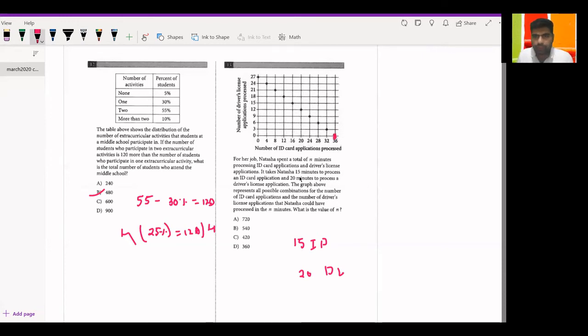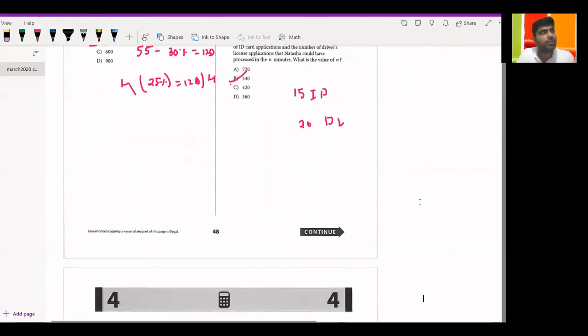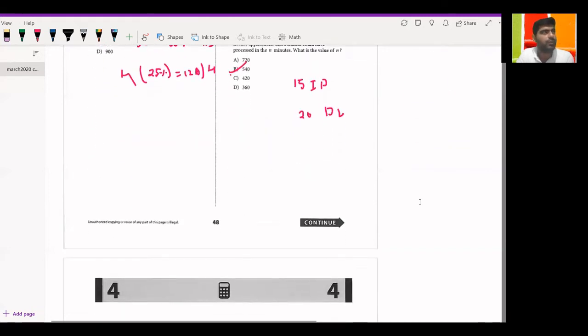If I take this particular point, I have 36 ID cards. Multiply that with 15 will give me the total number of minutes. Or I can take this 27 multiplied by 20. So 36 multiplied by 15 is 360 plus 180, 540. 27 multiplied by 20 is 540. So we are done.